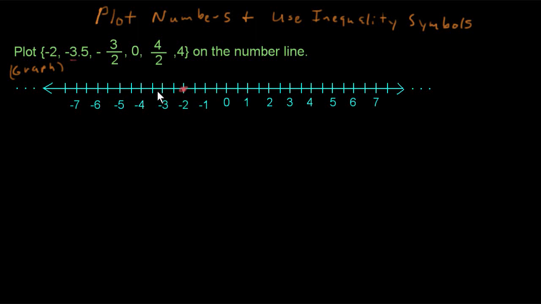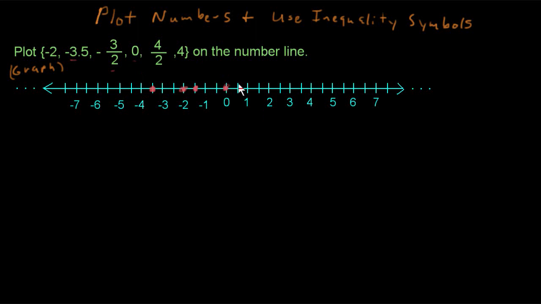-3/5 would be -0.6, which is between 0 and -1, so there's -3/5. For -3/2, we can go by half: -1/2, -2/2, -3/2. There's where that point is plotted. 0 is right here.